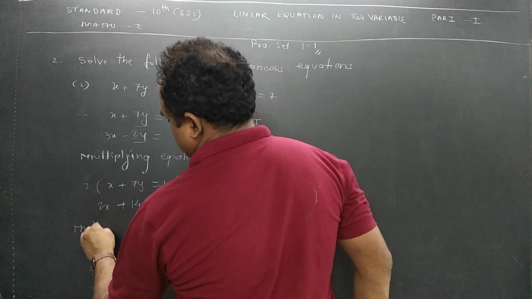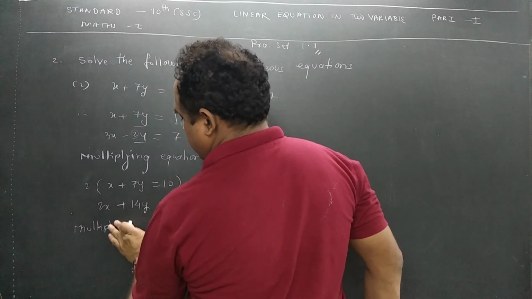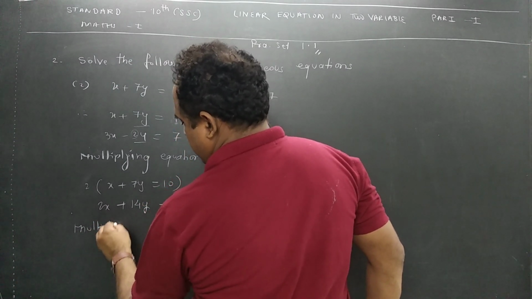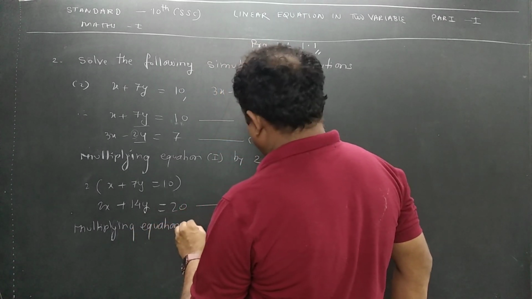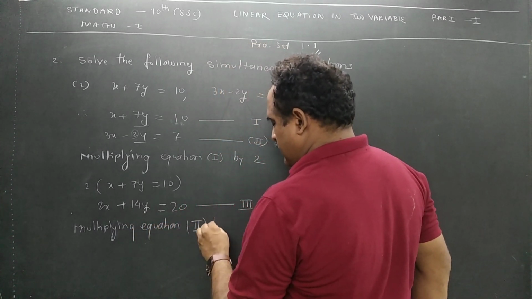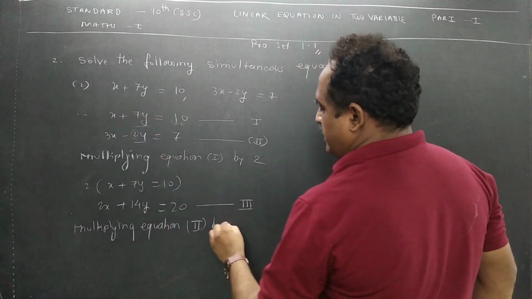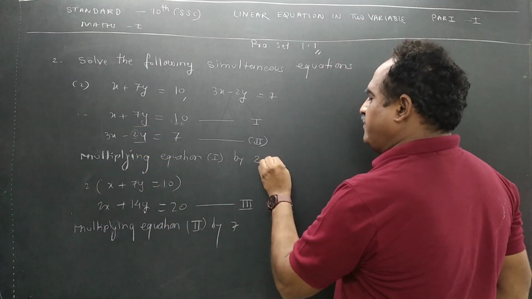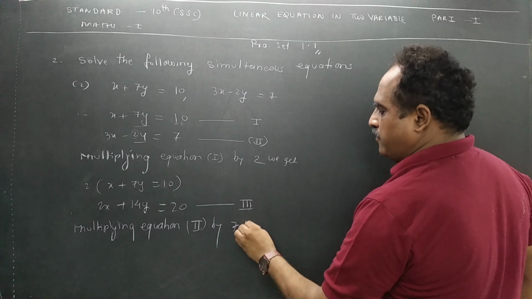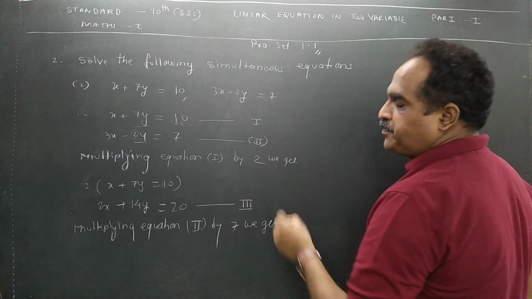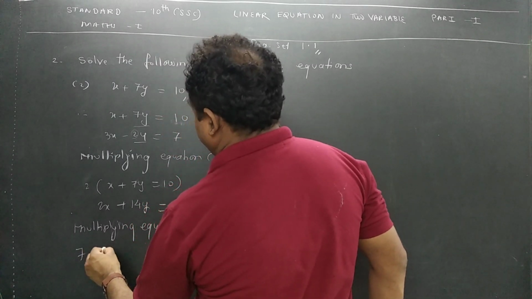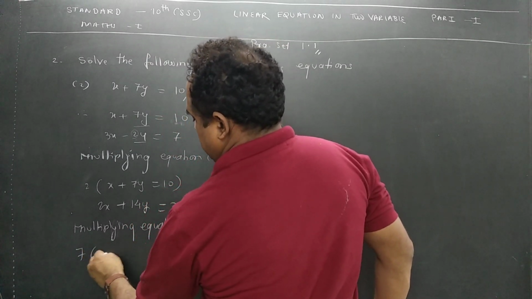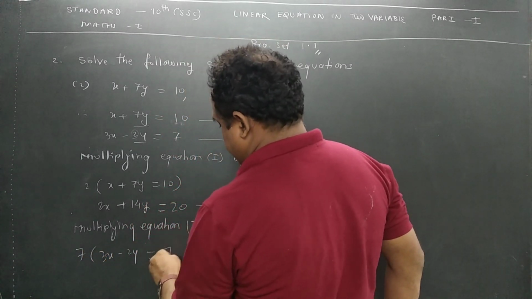Again, multiplying equation 2 by 7, we get 7 in bracket 3x minus 2y is equal to 7.